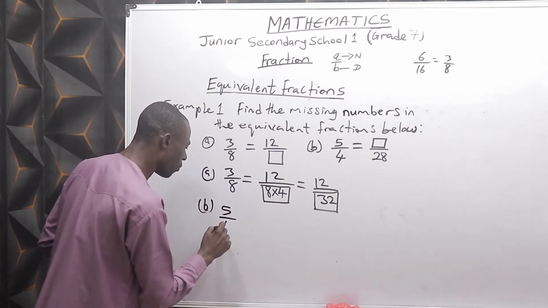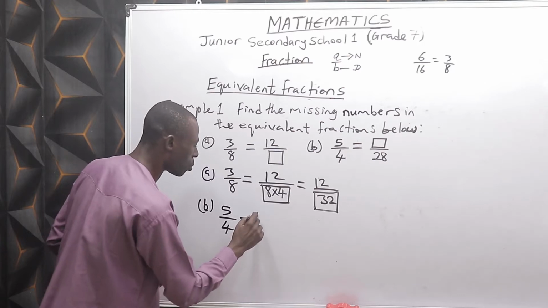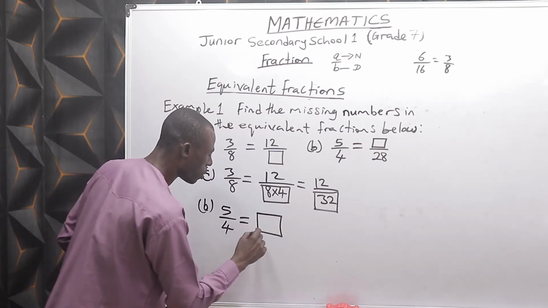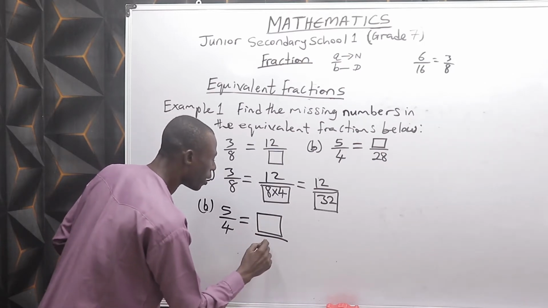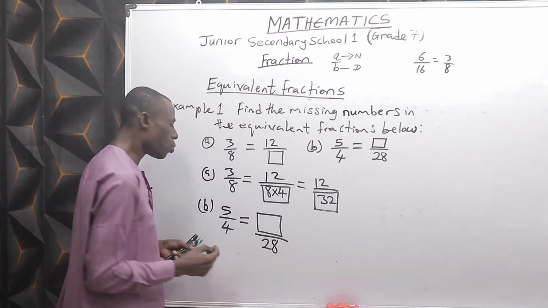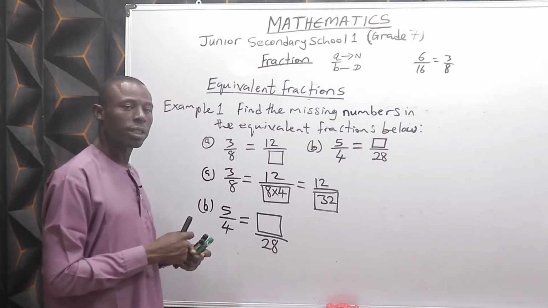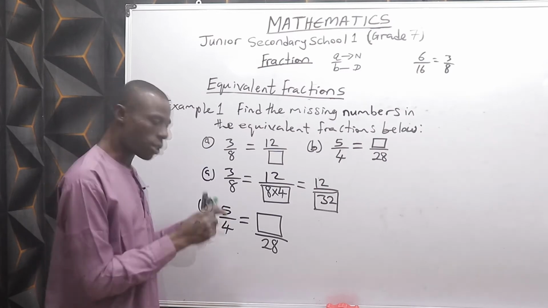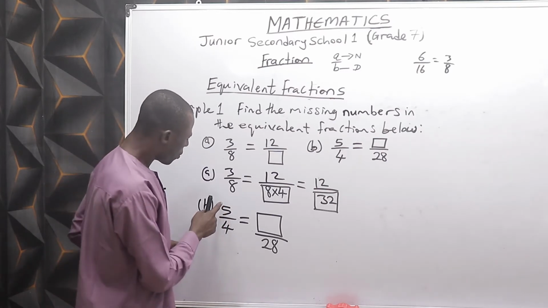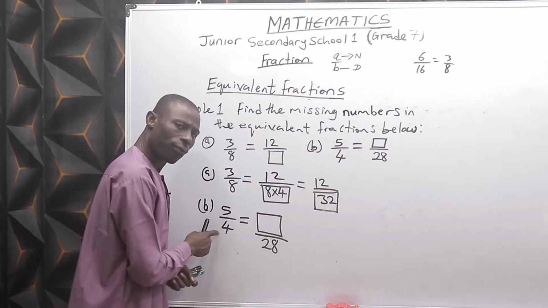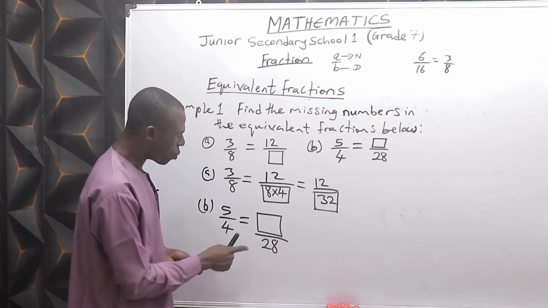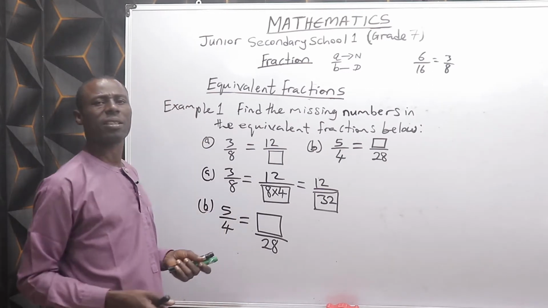We have 5 over 4 is equivalent to something in the box over 28. You look for what you need by using what you have. The fraction 5 over 4 is equivalent to something over 28.